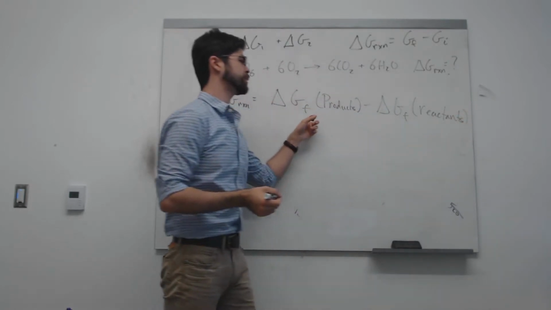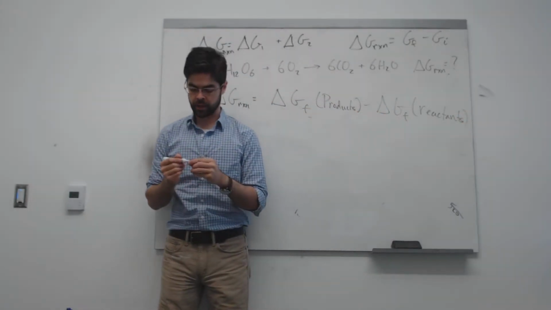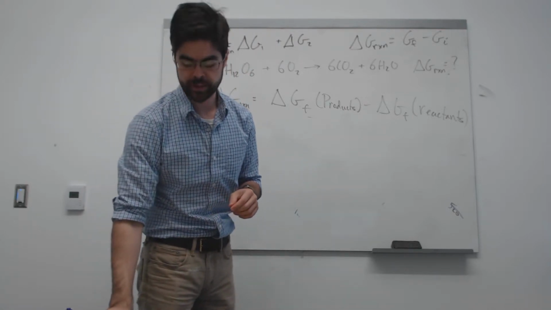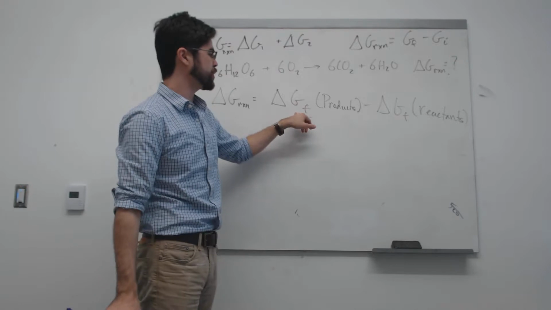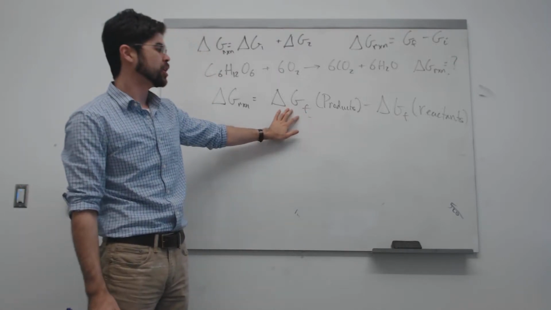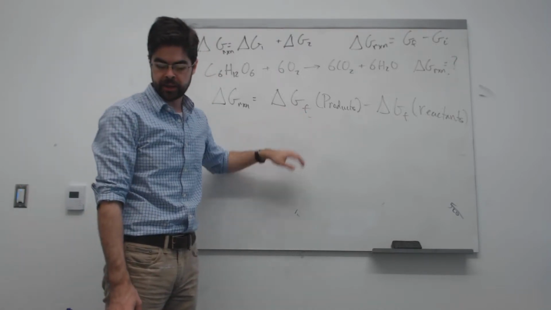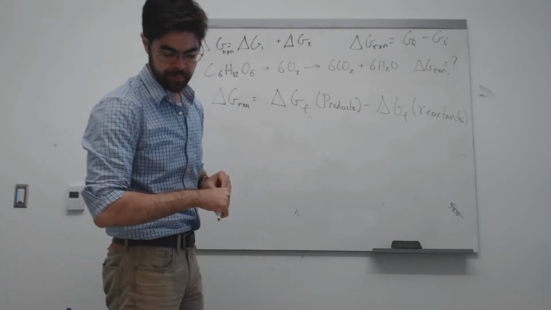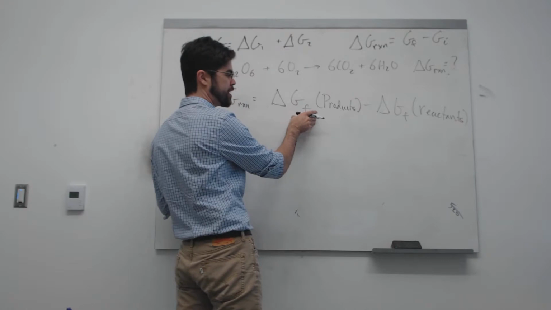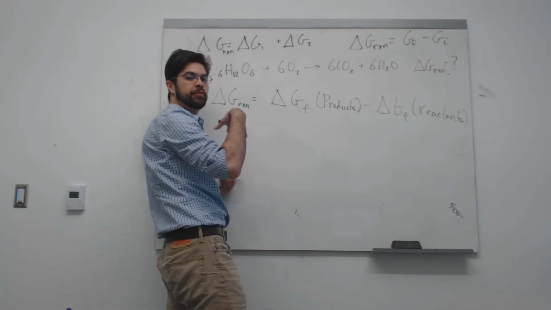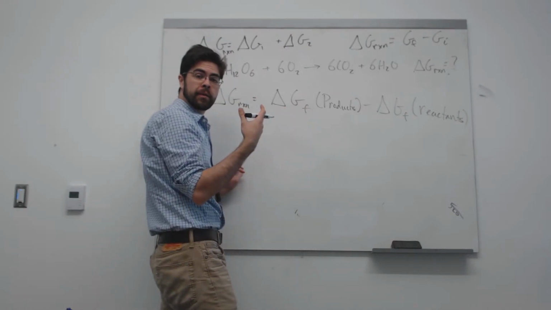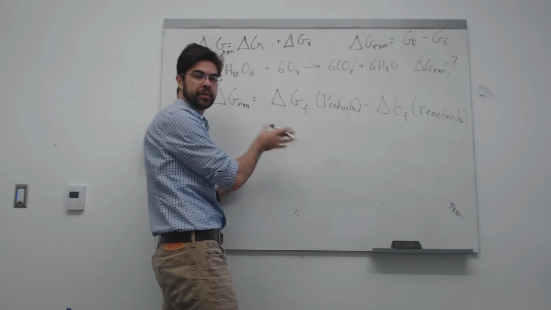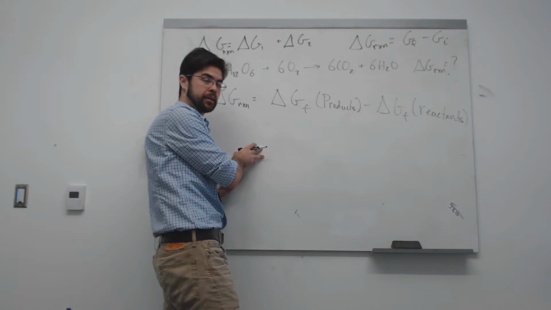So again, I'm going to talk about this in more detail, probably next Monday, if not then next Wednesday. But free energy changes of formation, these are tabulated in large data tables. There's one in the back of your textbook. But basically, they describe the energy of creating a molecule or any chemical compound from its individual elements.